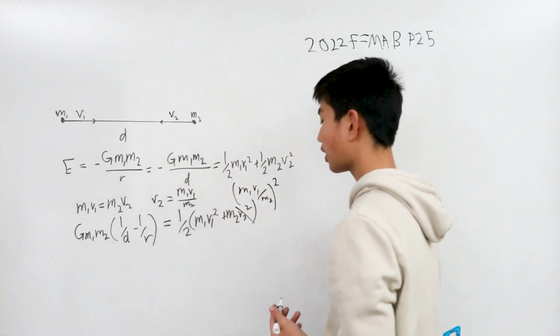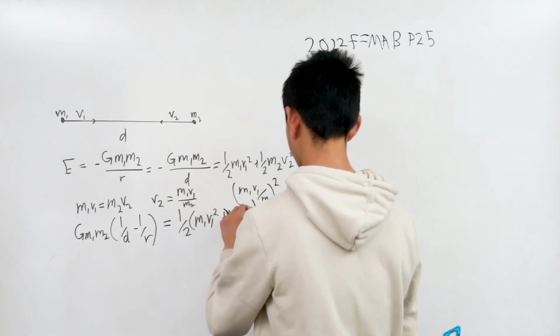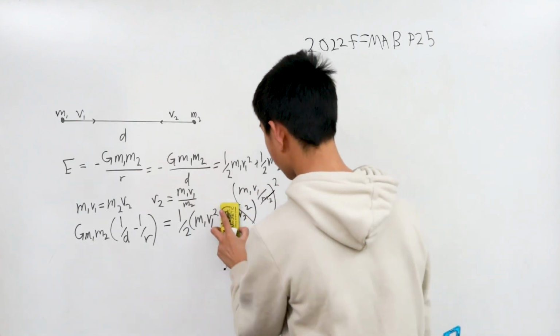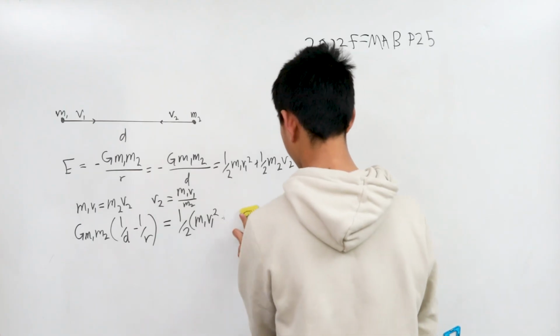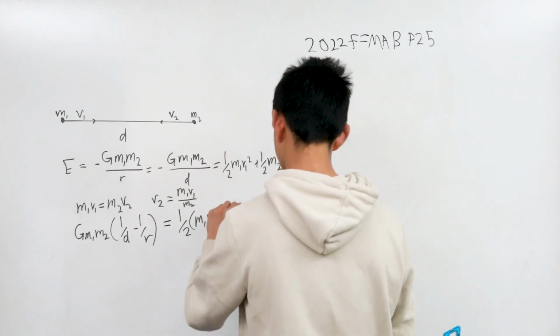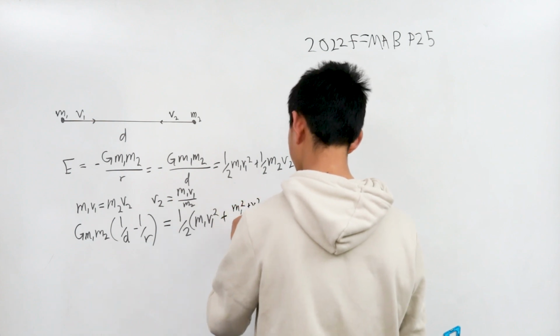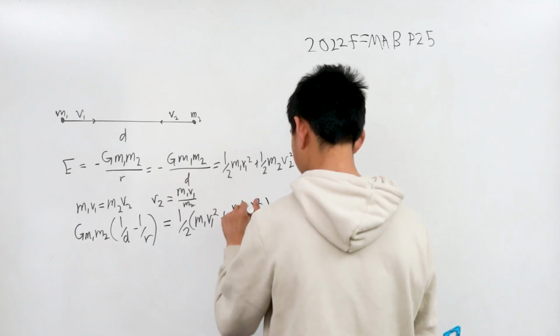Since it's being multiplied by an M2, this cancels out one. So all in all, this part of the equation would just be M1 squared times V1 squared over M2.